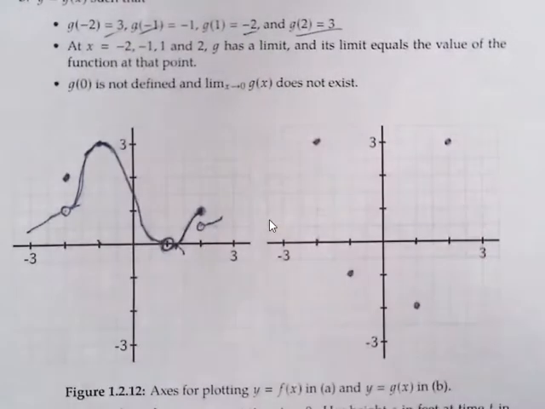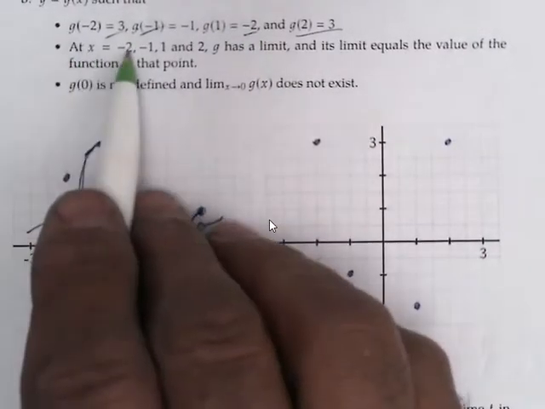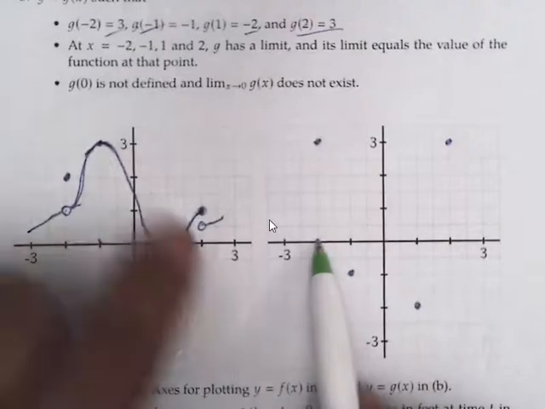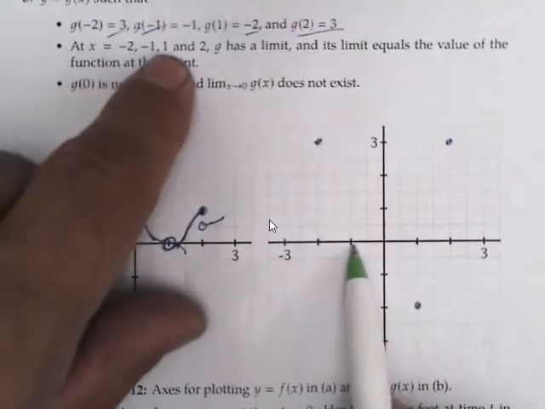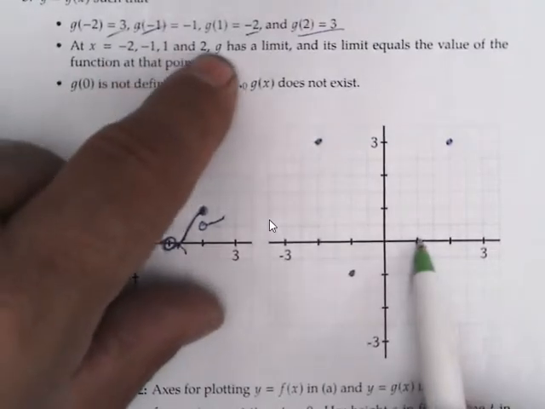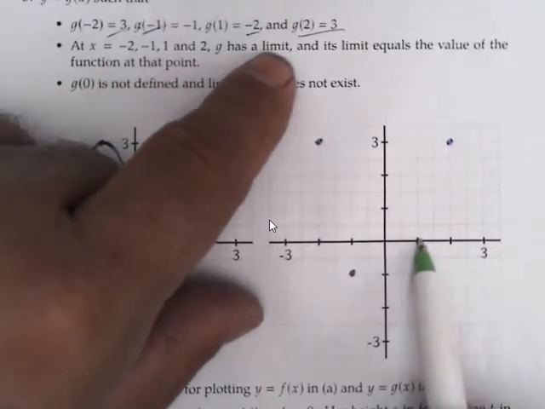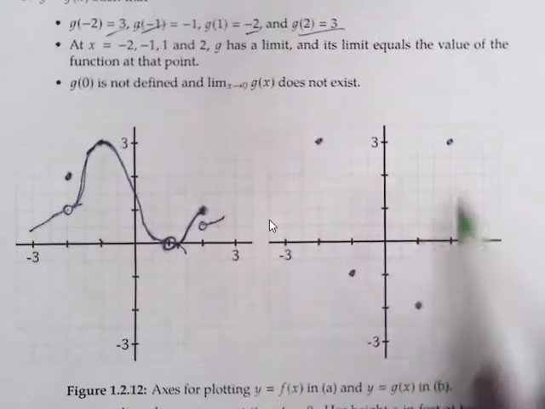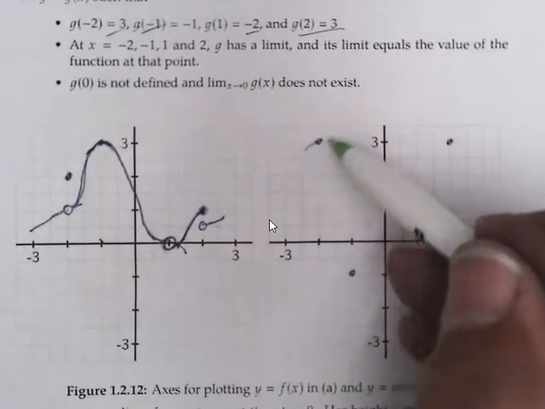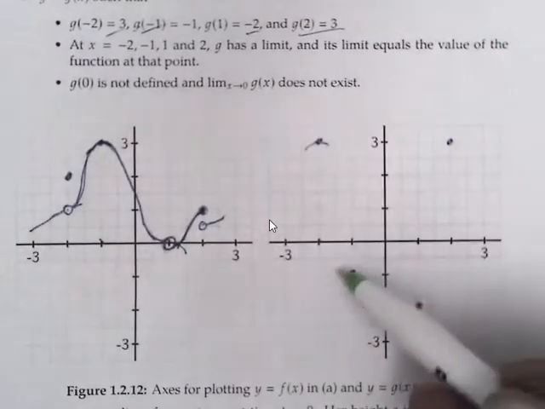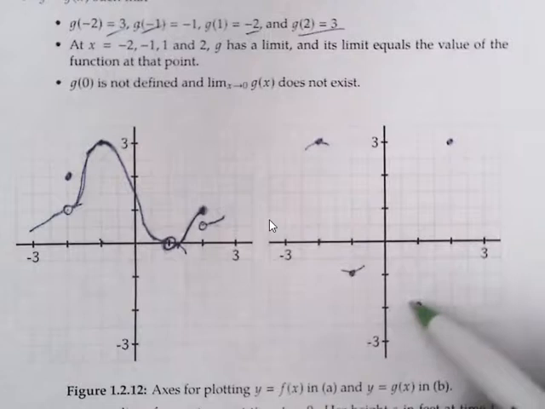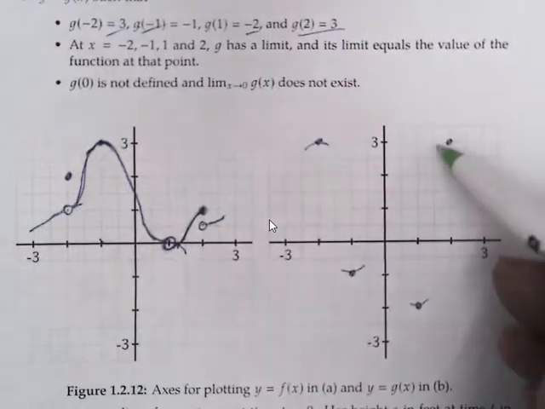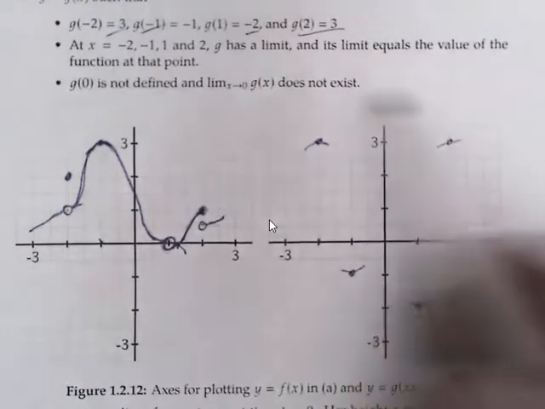I've done those. At minus 2, minus 1, 1 and 2, g has a limit, and it is equal to the value of the function at those points. So this one goes towards that one, this one, this one, and this one from both sides.